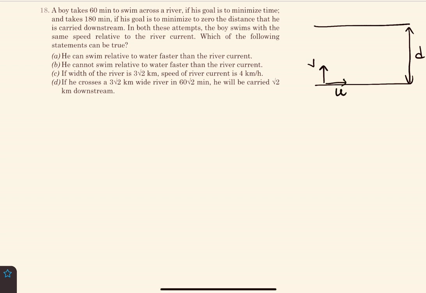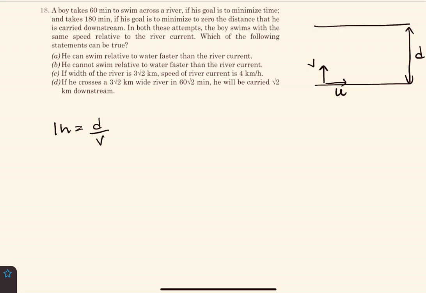So the time taken to cross the river, that is 60 minutes, is equal to d by v. The options are given in hours, so let's write it in hours only. So 1 hour is equal to d by v here.